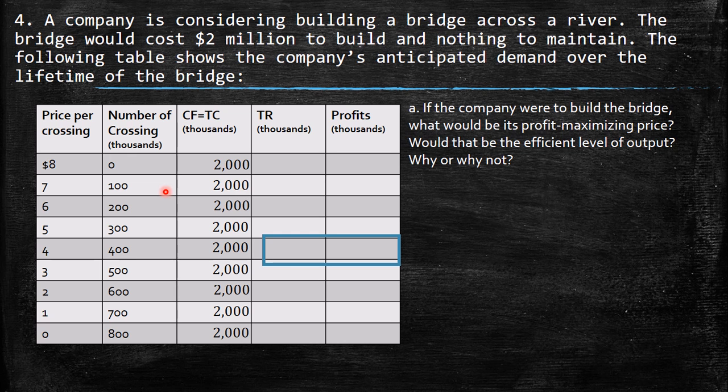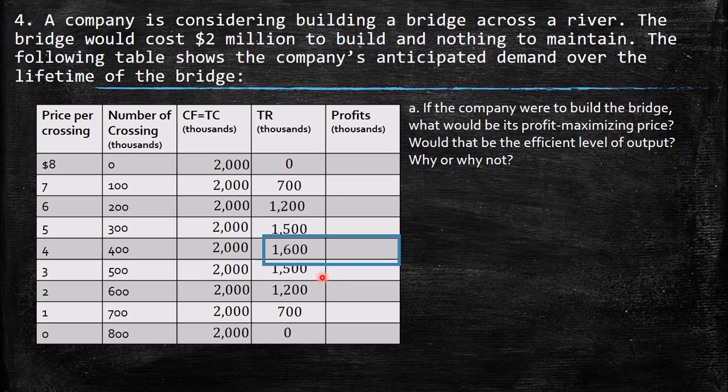So here we have the 2,000. Then, what is going to be the revenue? It's going to be price times the quantity you sold. So this one is going to be 8 times 0, 7 times 100, and then we have again in 1,000. So here we have the total revenue, which increases, and then it starts to decrease after the price goes to 3.